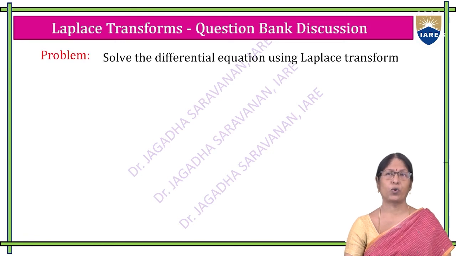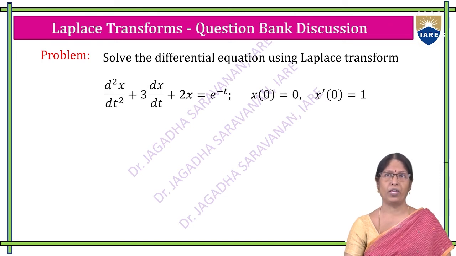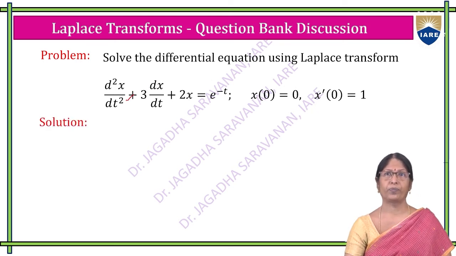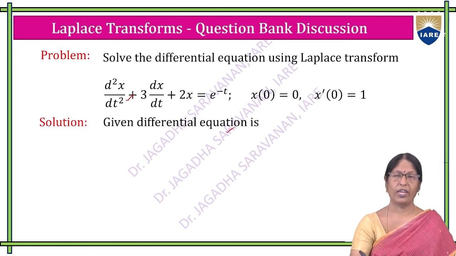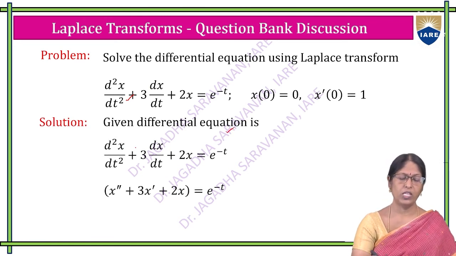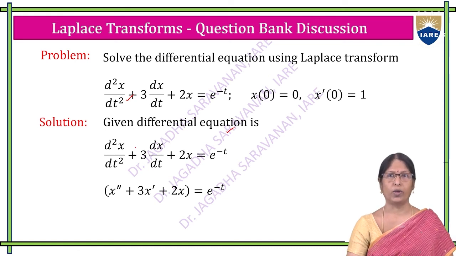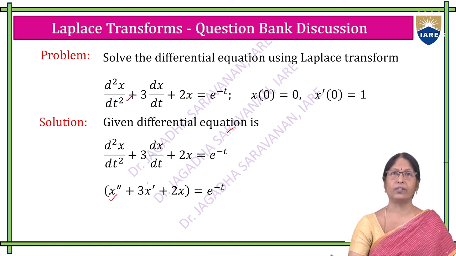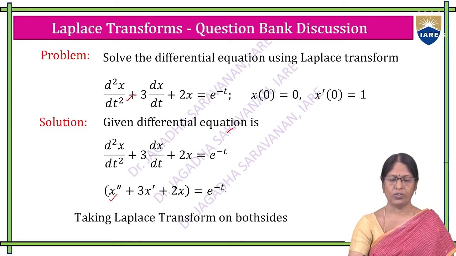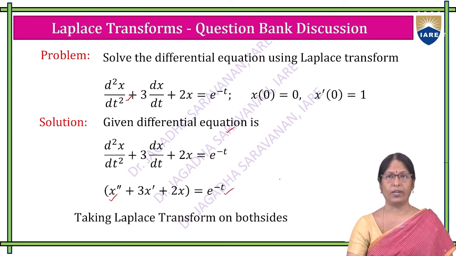So the next problem is on the Laplace transform, and its application to differential equations, how to solve them. Here a second order equation is given. We can write d square x by dt square, that is x double dash, plus 3x dash plus 2x, equal to e power minus t.